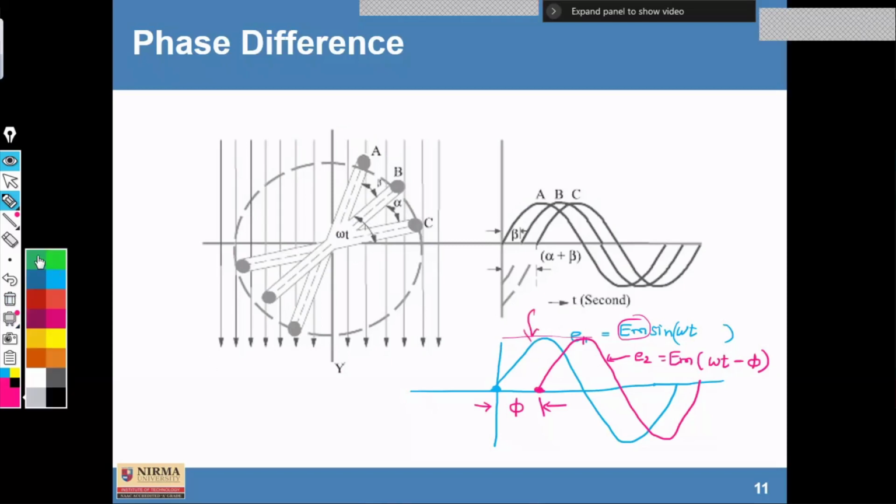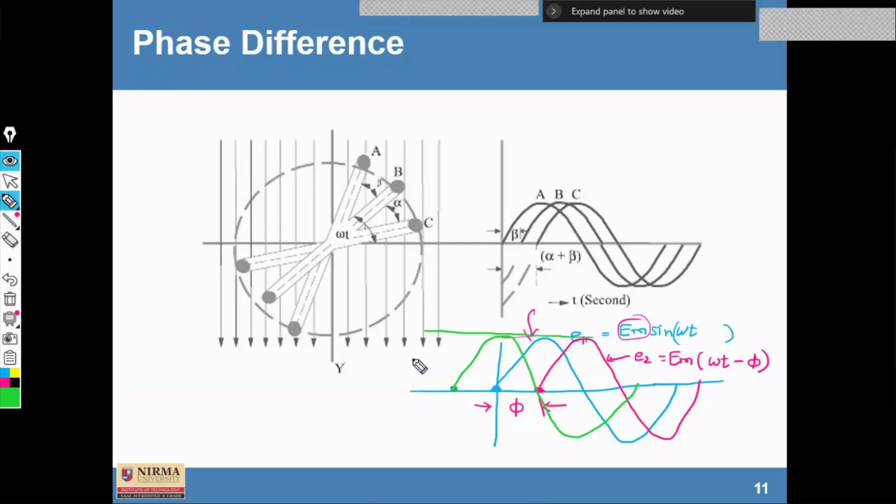Now, if we go for the third case, the quantity is acting like this. Again, the magnitude is the same, so Em is the same, and we can say this is E3. We write an expression with respect to E1. E1 is your reference quantity because it starts from 0.